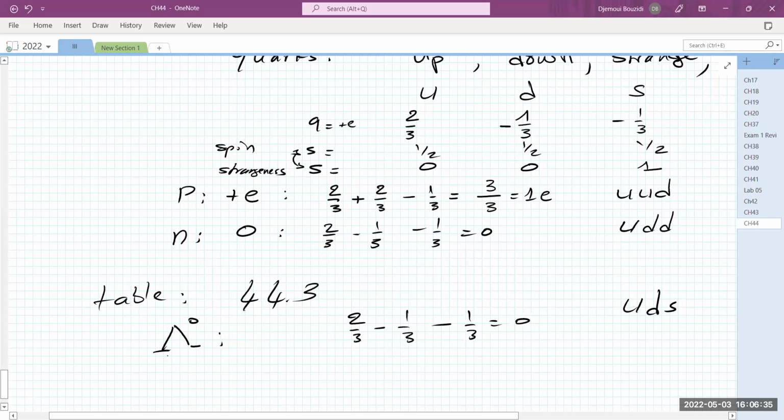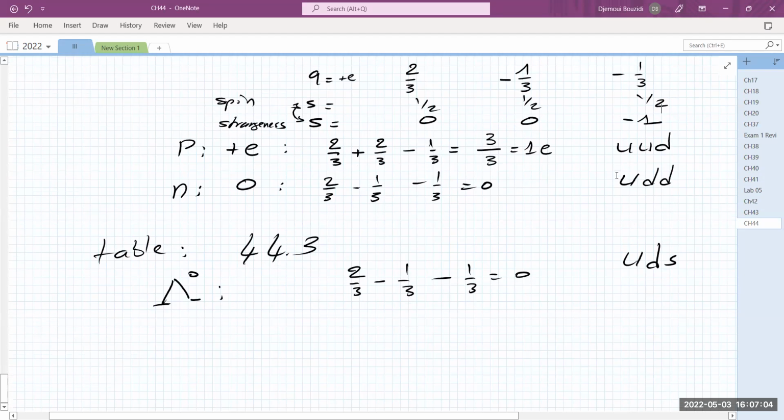So hence I have a charge of 0. But now the strangeness is not 0. Okay, so this has a strangeness that is not equal to 0. It's actually equal to -1. Okay. Did I give you the value? Okay, this value is -1 actually. So it's the entire particle that has strangeness that is equal to -1.